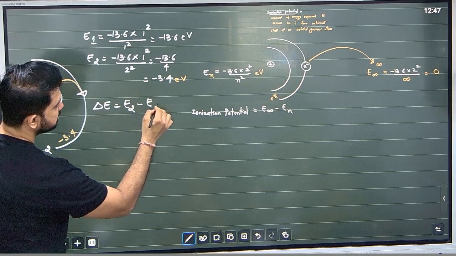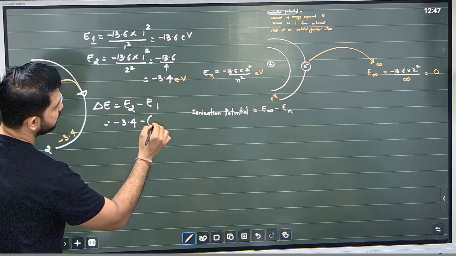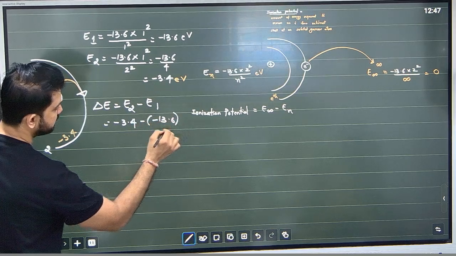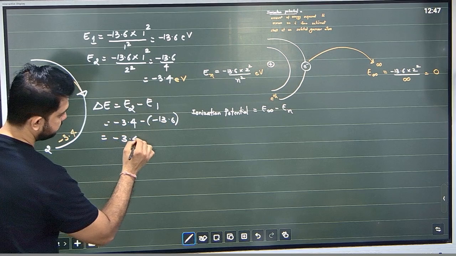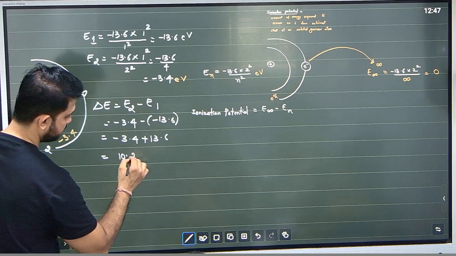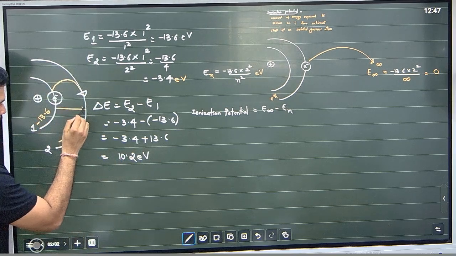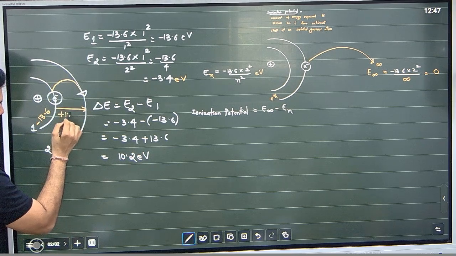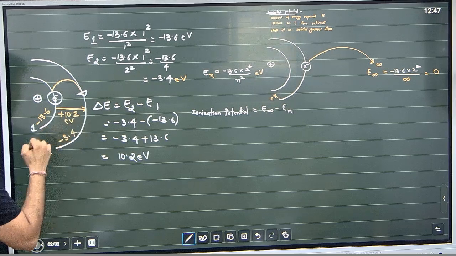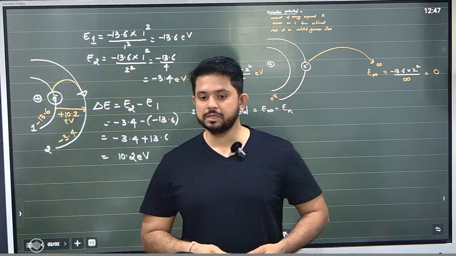E2 minus E1, which is minus 3.4 minus (minus 13.6). How much is that? To go from here to here, I'll have to supply 10.2 electron volts.